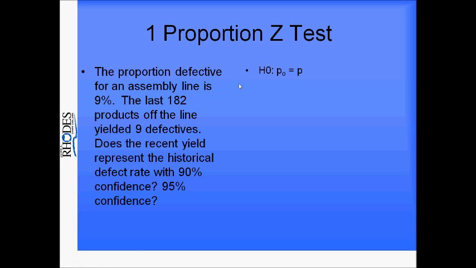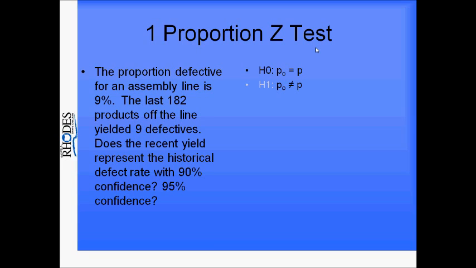So historically, we're going to say that the historical proportion defective is equal to the current, right? H sub 0 is always that they're equal. H sub 1 is that they're not equal.